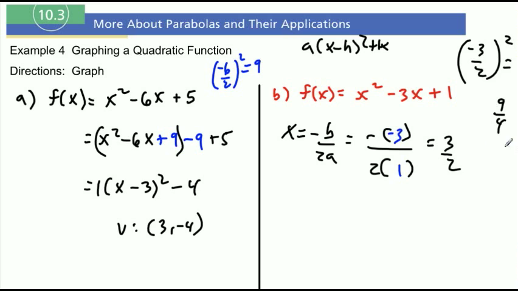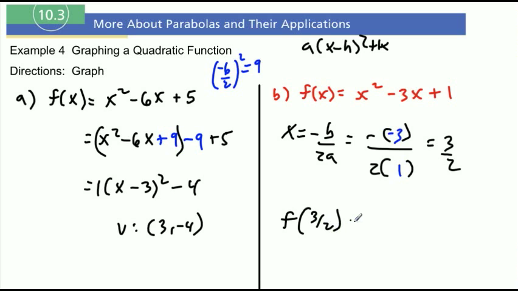All right, so what we need to do now is we need to go ahead and erase that. This is kind of like in the way here. All right, so we're going to need to plug this into our original function. So f of 3/2. So that means we get 3/2 squared minus 3 times 3/2 plus 1. So I'm just plugging in 3/2 right here.